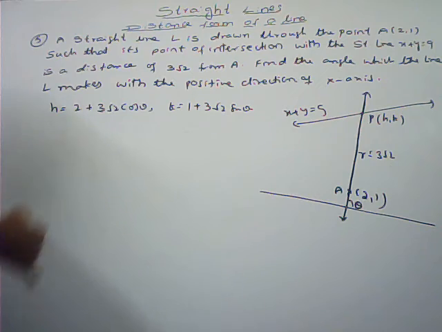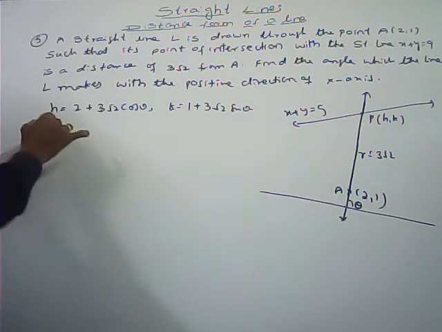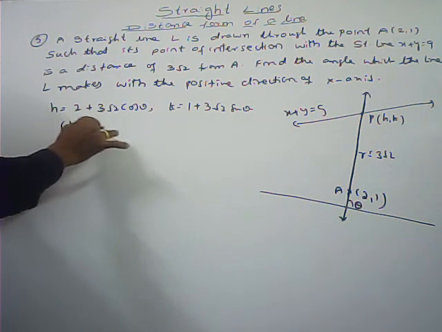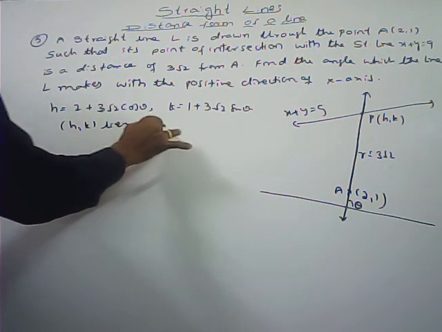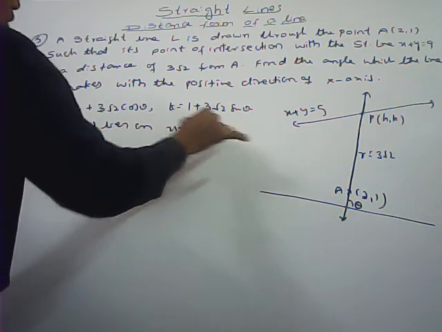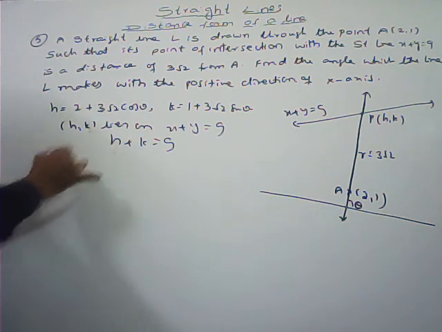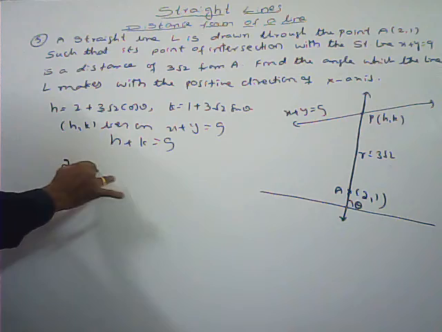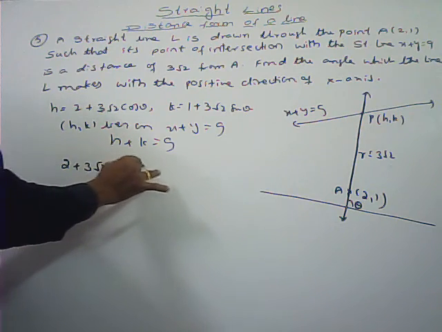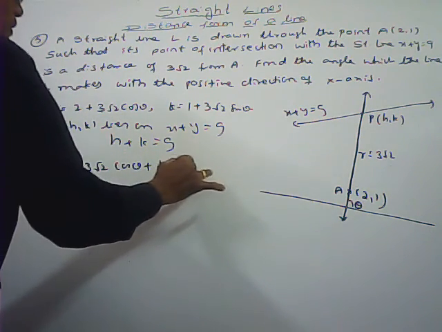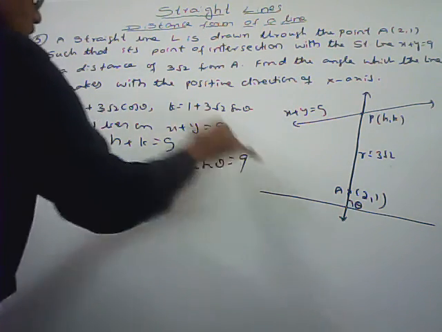Now where is h comma k? H comma k lies on x plus y is equal to 9. So h plus k is equal to 9. What about the h value? 2 plus 3 root 2 cos theta plus 1 plus 3 root 2 sin theta, that is equal to 9.